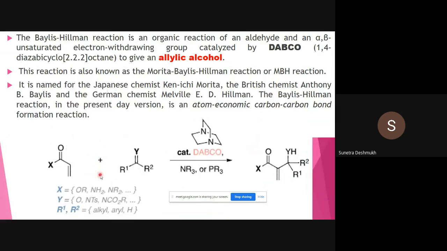X could be NH2, so an amide group also we can use. So different types of substrates.